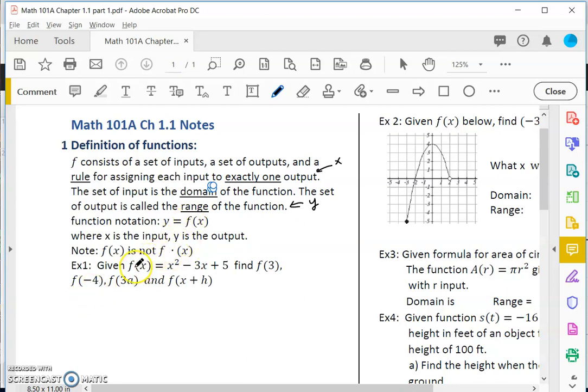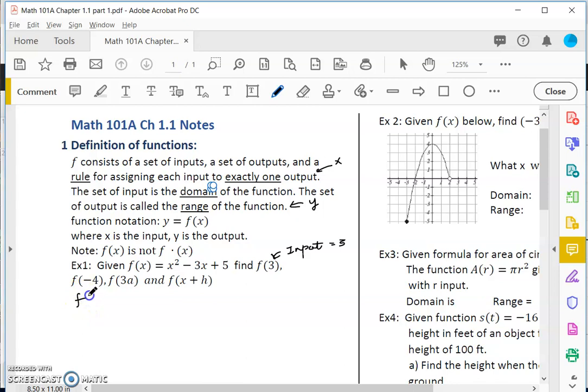So for example, I have this function with a formula where f of X is x squared minus 3x plus 5. And I want to find f of 3. In this case, X is equal to 3, so the input is 3, and I want to find Y for the input 3.